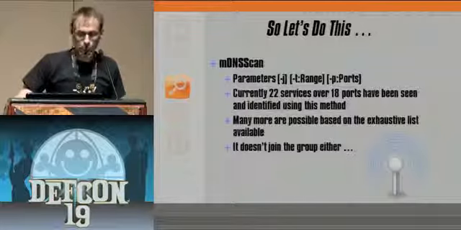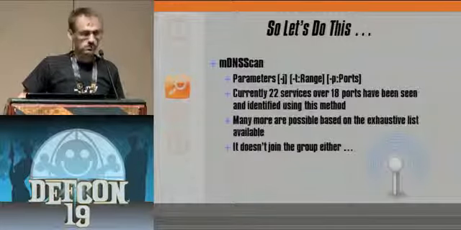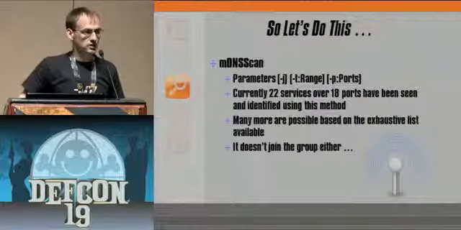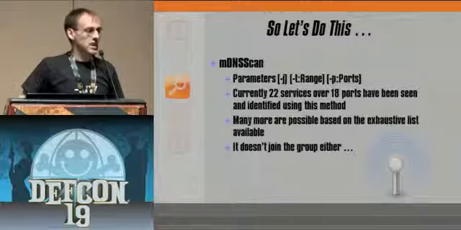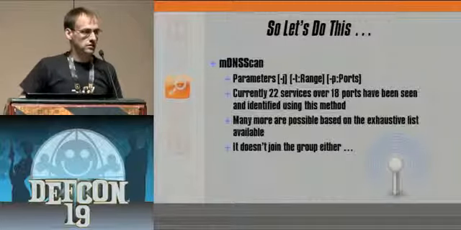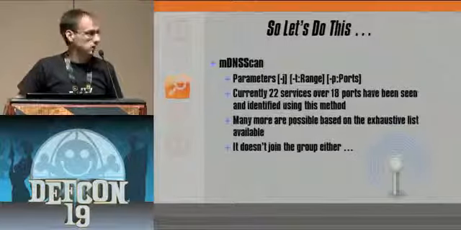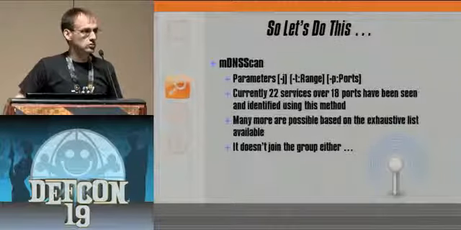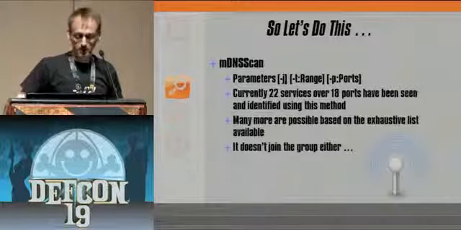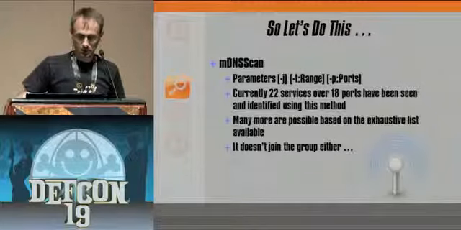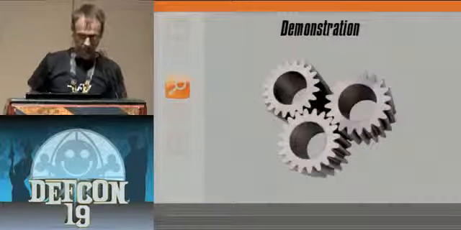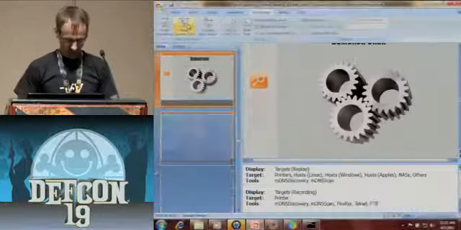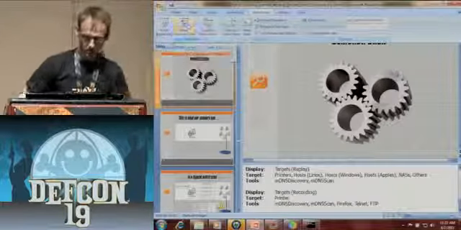Many more are possible, as I said, based on that exhaustive list that they have for DNS service discovery. One of the links that I have later on refers you to that list of all the different services out there that are supposedly available somewhere and findable using DNS service discovery. Now this tool does not join the group either. Let's do a quick demonstration. And our good friends, the hotel here.